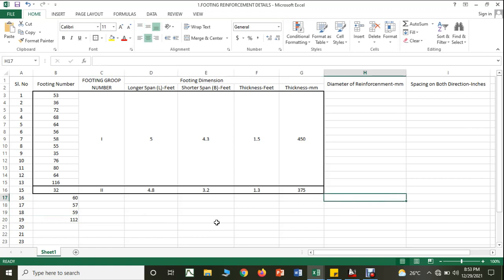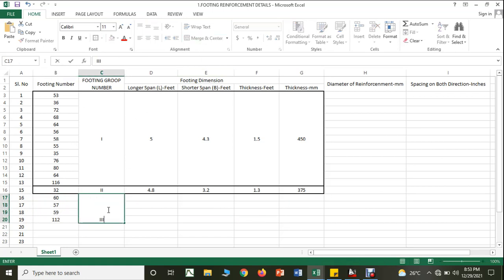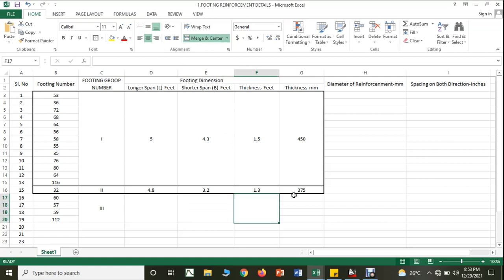These are the corresponding numbers. So this is my third set of the footing group.